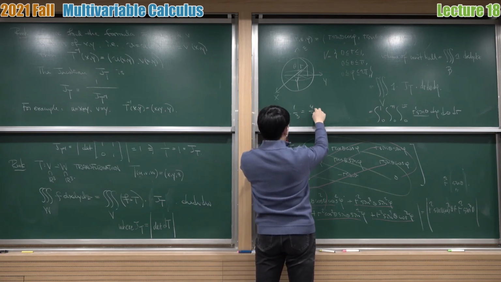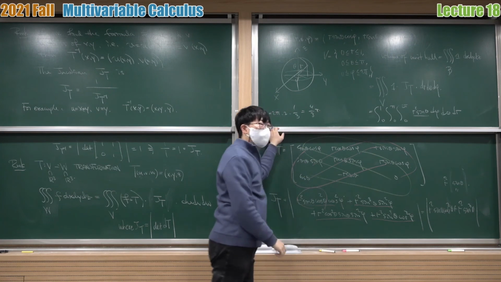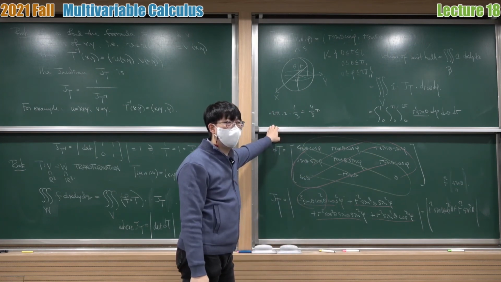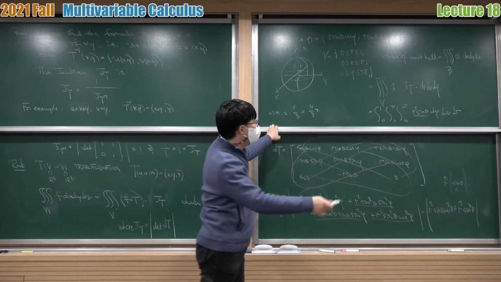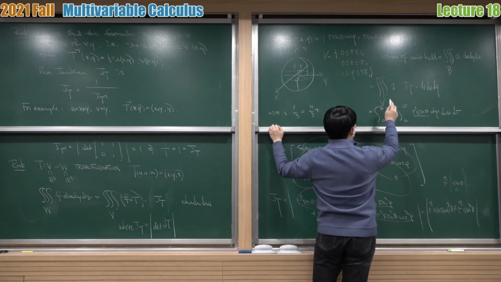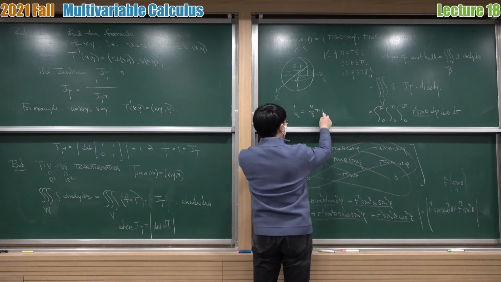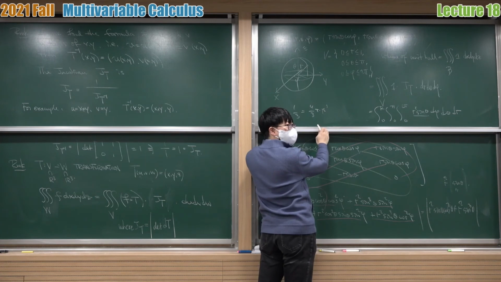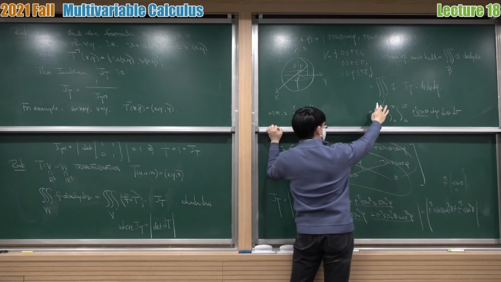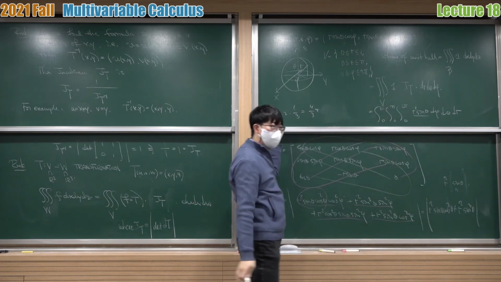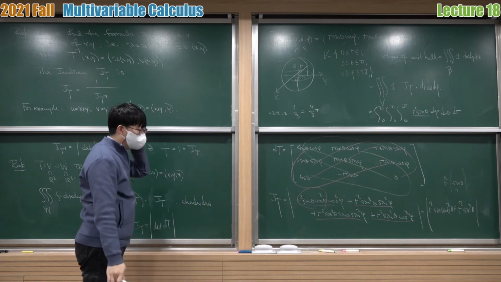So 4 pi over 3, which is the volume of a unit sphere. If you replace, let's say, radius by r, then you get r cubed, right? You get the general formula for the volume of a sphere, volume of a ball.